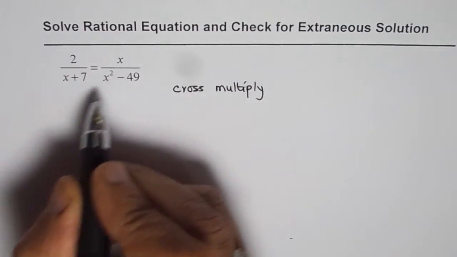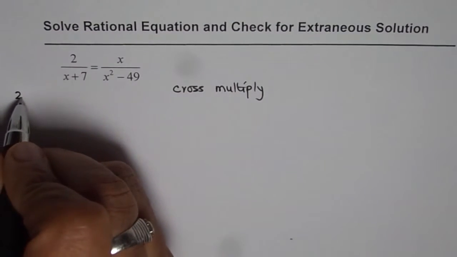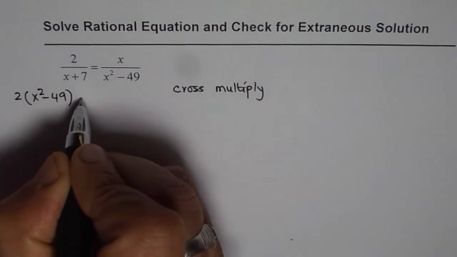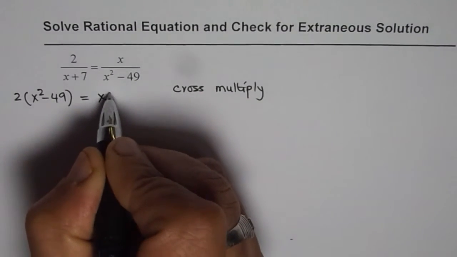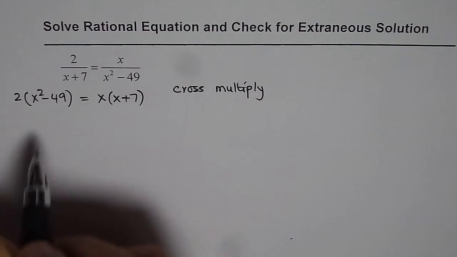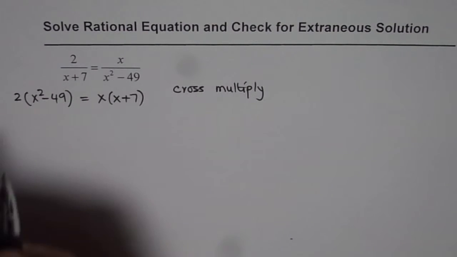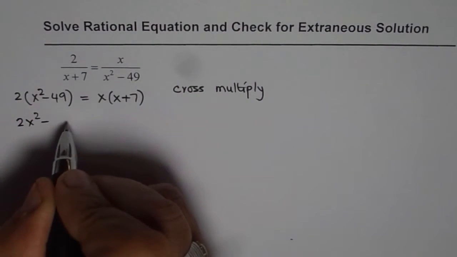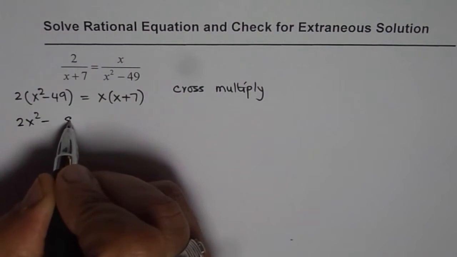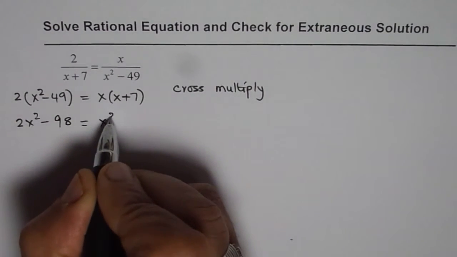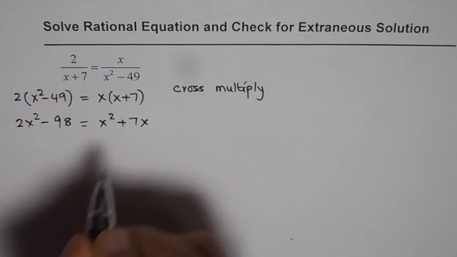When we cross multiply, we get on the left side 2 times x squared minus 49, and on the right side we get x times x plus 7. Now we can expand them applying the distributive property. So we get 2x squared minus 98 equals x squared plus 7x.